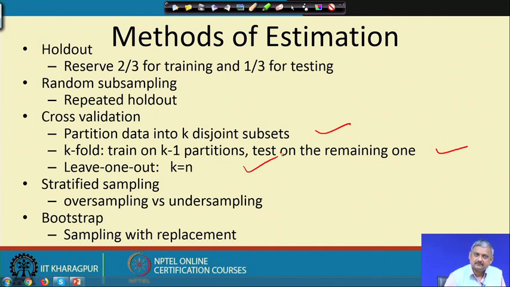This is cross validation, the most common method. These are the steps: partition, train, k-fold, do it, and take the average. So, this is clear, the cross validation method. You take several training sets, find these values on each, and take the average, which is a good estimate.